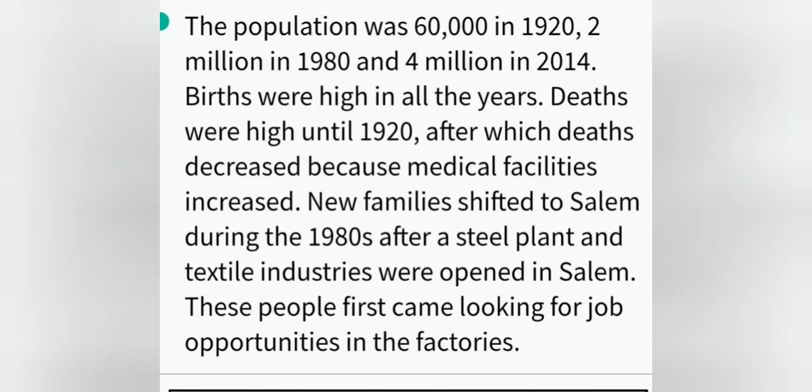Births were high in all the years. Deaths were high until 1920, after which deaths decreased because medical facilities increased. New families shifted to Salem during the 1980s after a steel plant and textile industries were opened in Salem. These people first came looking for job opportunities in the factories.